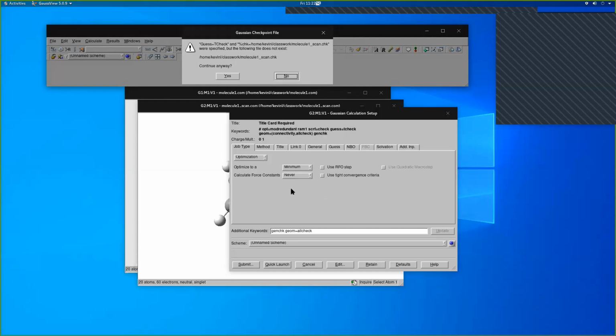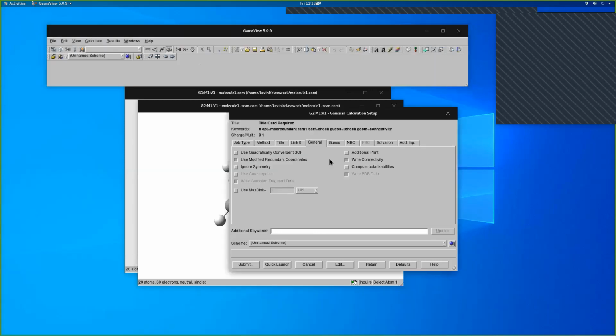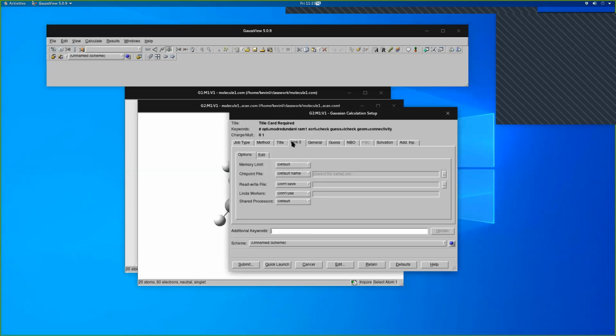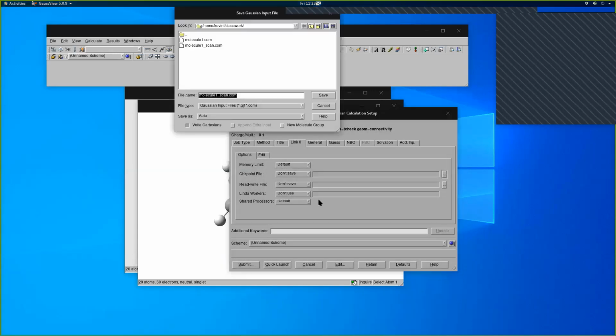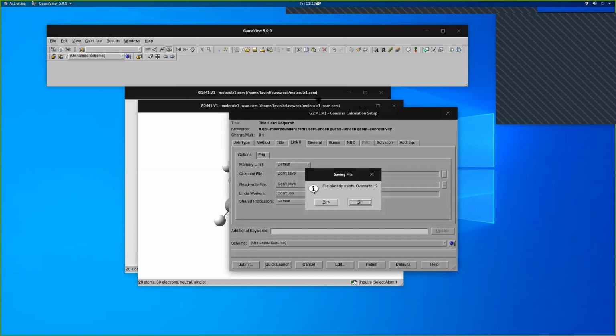Just hang on. I just want to remove some of the questions that it has. It's fine. Okay. So now we're trying to just scan that bond.